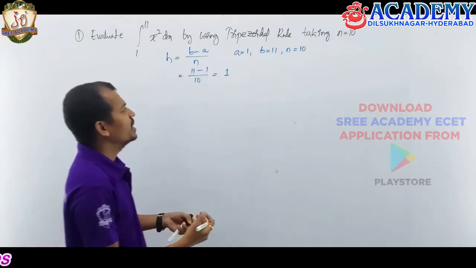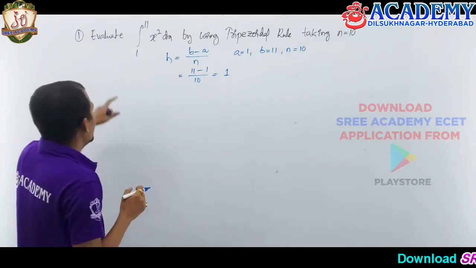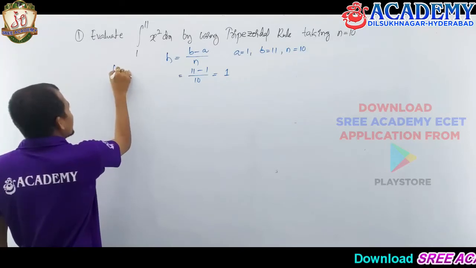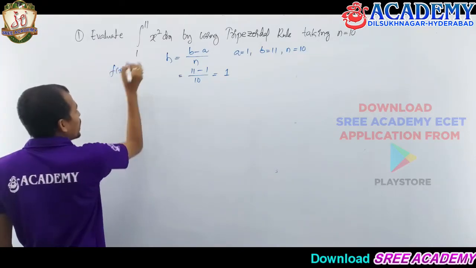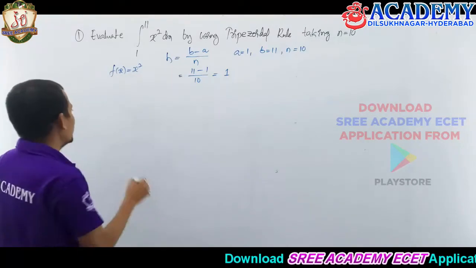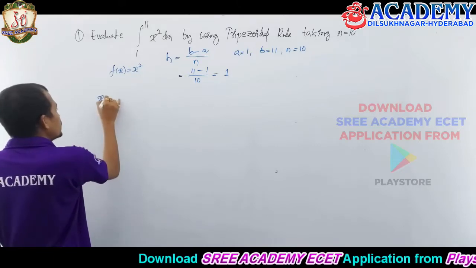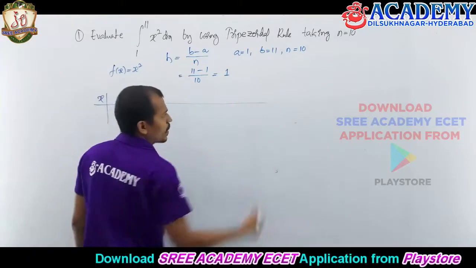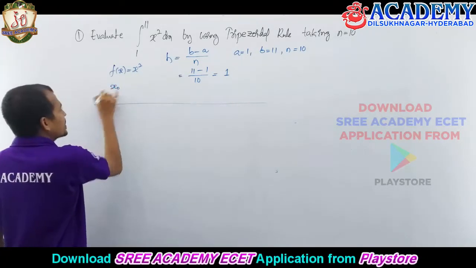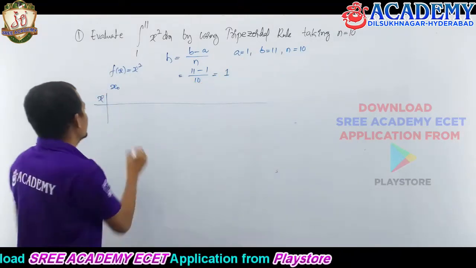Now I write the coordinates. Here f of x equals x square. In place of x you have to substitute x0, x1, x2. First, x naught value is directly the a value, which is 1.